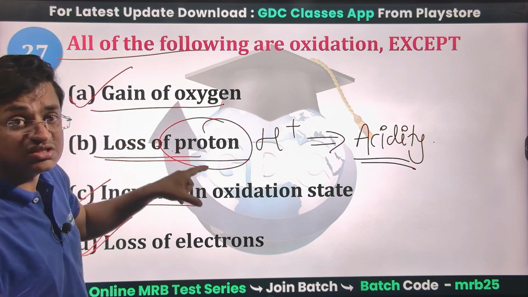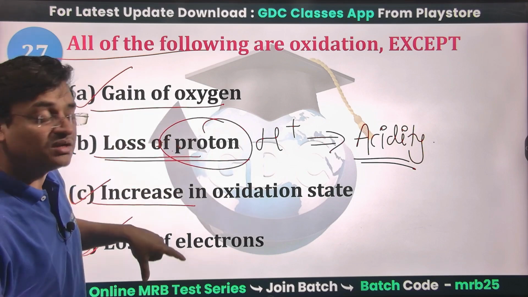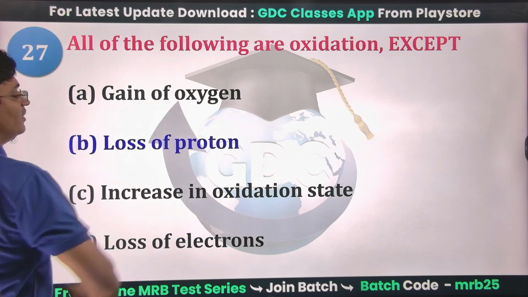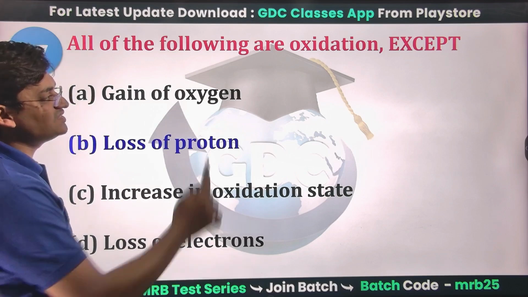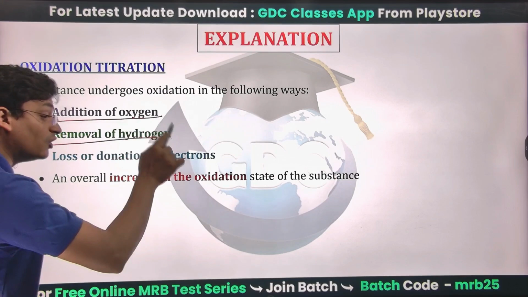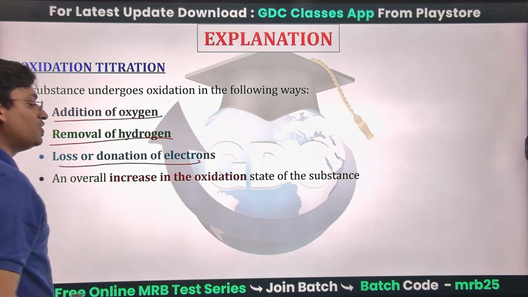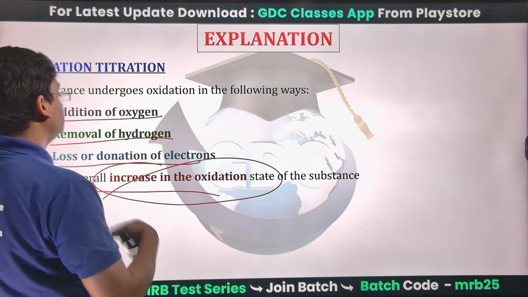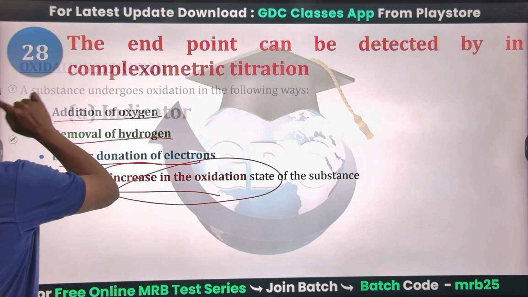So it will be a reduction process, not oxidation. So this is not a case for oxidation, and B will be the incorrect one, the exception. Addition of oxygen, removal of hydrogen, loss or donation of electrons, and overall increase in oxidation state are the cases for oxidation reactions.